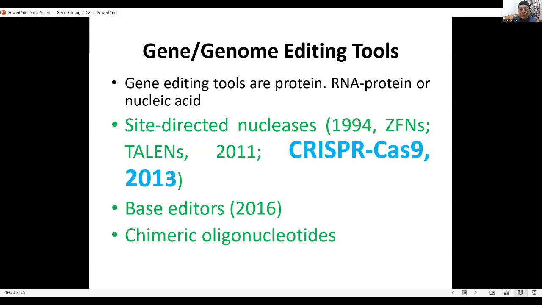TALENs are much easier, and CRISPR-Cas9 is the easiest of the three SDNs to use. Therefore, CRISPR-Cas9 has been adapted to develop tools, base editors, that chemically convert single bases to another base, like they can convert cytosine to thymine and adenine to inosine or guanine. Chimeric oligonucleotides have been long in use, but they are not very frequently used for gene editing.